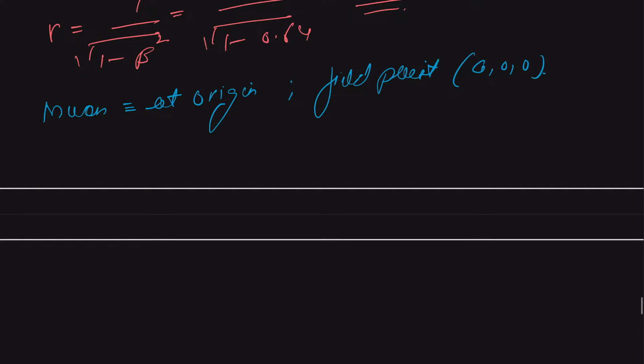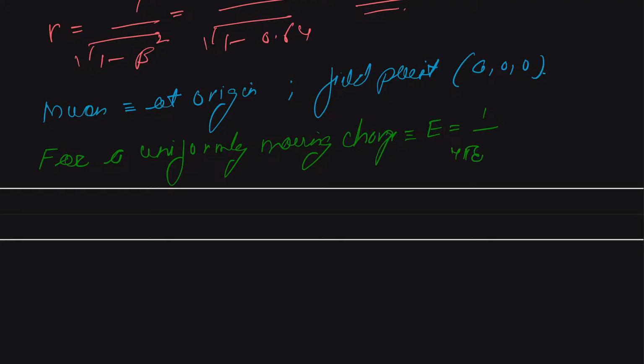So for a uniformly moving charge, the electric field is equal to 1 upon 4 pi epsilon naught, q upon r square, times 1 minus beta square, divided by 1 minus beta square sine square theta, whole raised to power 3 by 2.